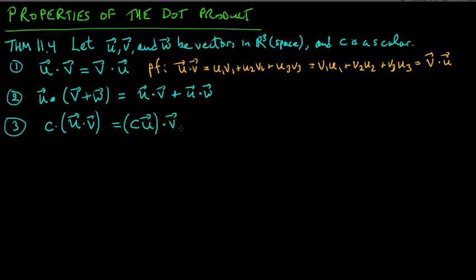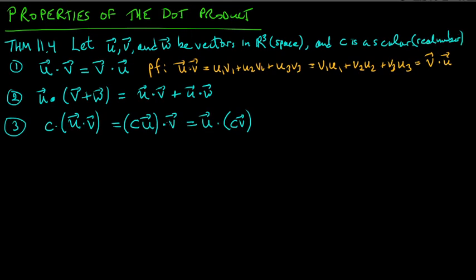Or you can take the vector u and take the dot product with c times v. So all of these are equivalent. I should say c is a scalar. In this case, it has to be a real number.